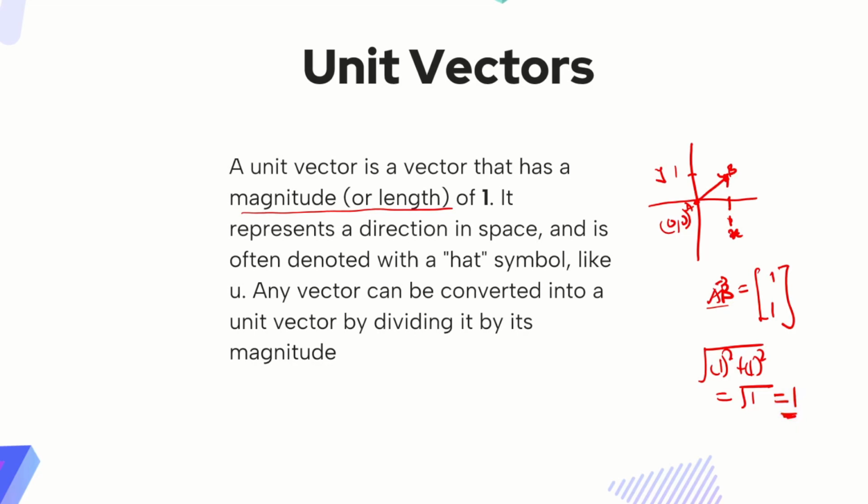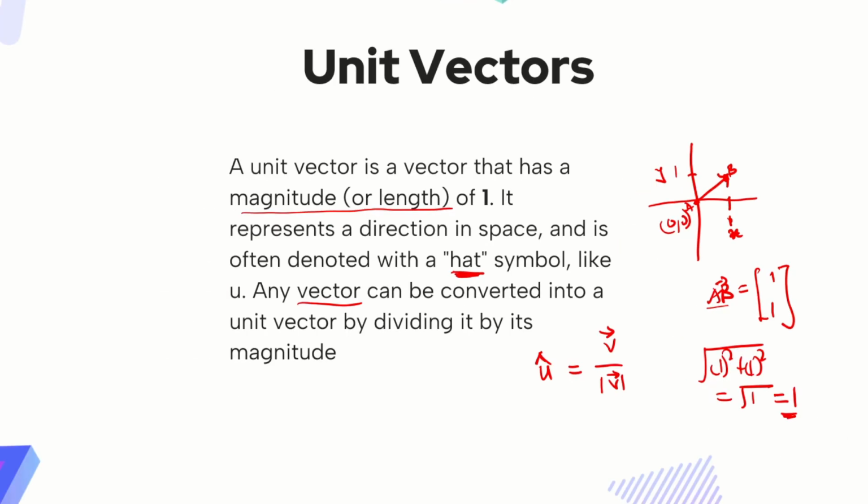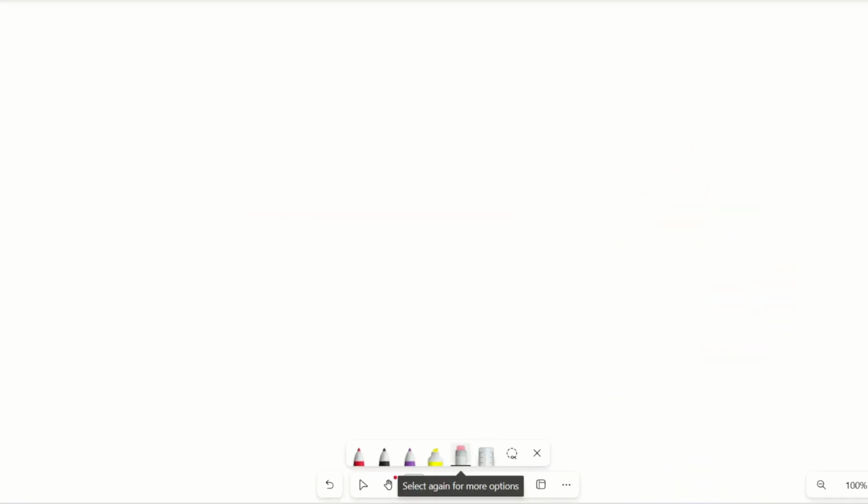Now, if you have any vector at all, we can convert that vector into a unit vector. If the vector is v, we divide it by its magnitude, and that gives us the unit vector u. We represent the unit vector by u with a hat symbol. Now let's consider how we can make a unit vector.